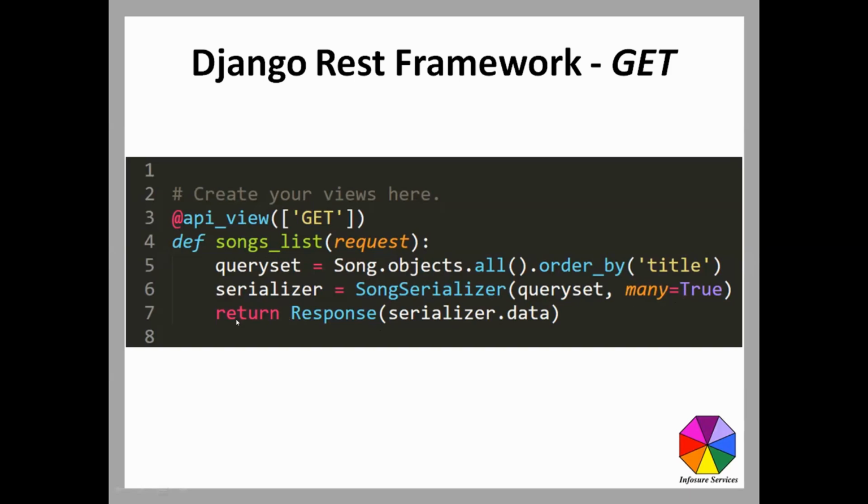Okay. And return response serializer.data. Serializer.data is a common syntax. So this is the object.data. Glue code. Glue code. Serializer.data. Keep the name of the object as serializer.data. So you don't have to use other variants of it.